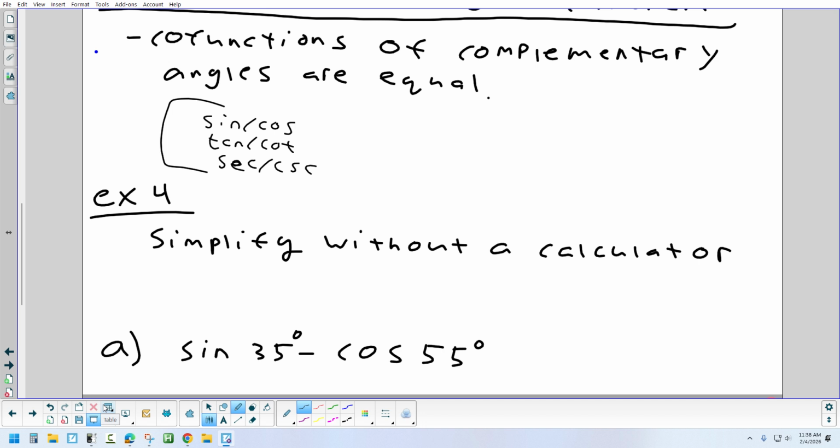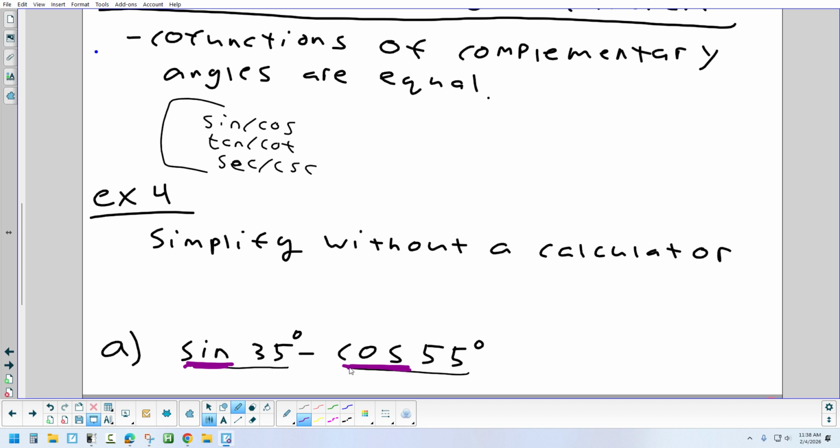If you're trying to figure this out by thinking of what the sine of 35 actually is and what the cosine of 55 comes out to, you're not thinking about it the right way. We're never going to actually know what this is or what that is. But that still doesn't stop us from figuring out what you get when you subtract the two.